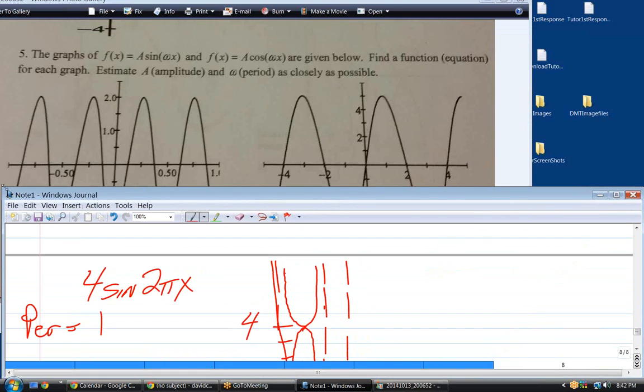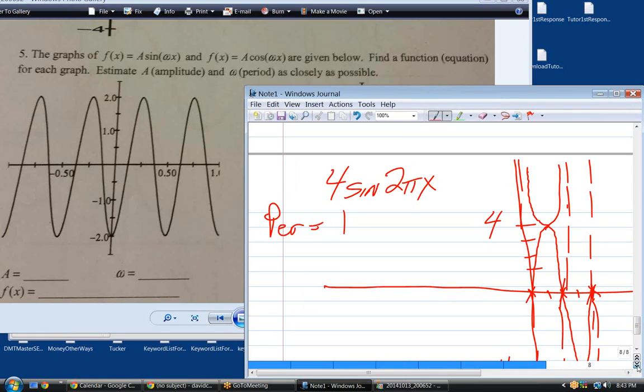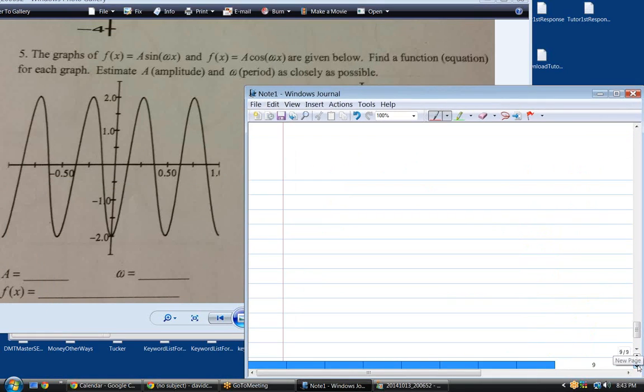Now let's do these one at a time here. Amplitude. First of all, it looks like a what kind of curve? For 5, the amplitude will be 2.